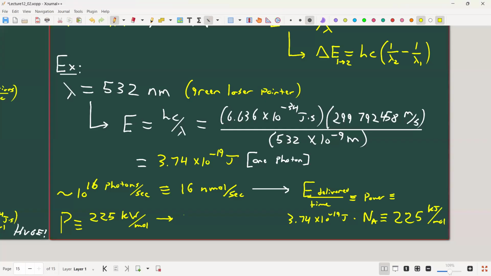All right, so we have 0.0036 kilowatts per second, which is equal to 3.6 watts. Did I get that right? Yeah, 3.6 watts. That's a lot of power.